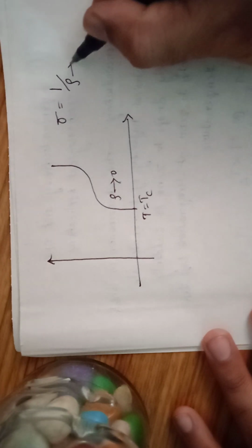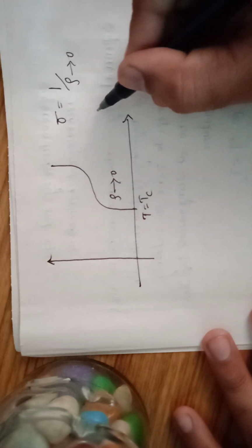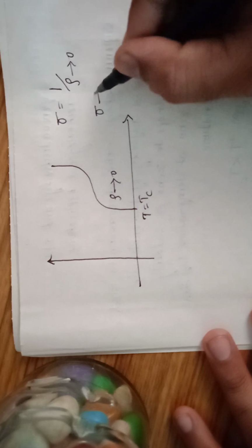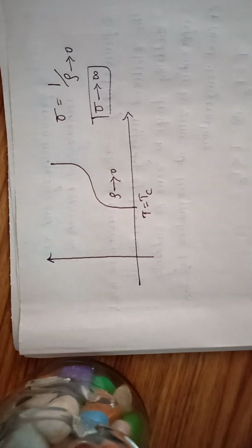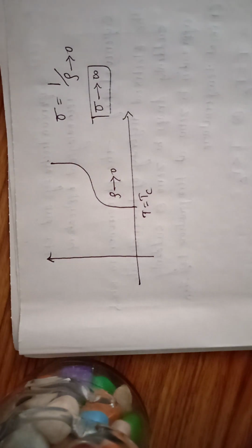As rho tends to zero, the conductivity tends to infinity. There is no resistivity within the material. The conductivity is infinite within the superconducting materials. I already mentioned this is an abstract idea, so we don't know exactly what quantum mechanical behavior is happening within the material. So these are the characteristic properties of superconductors.